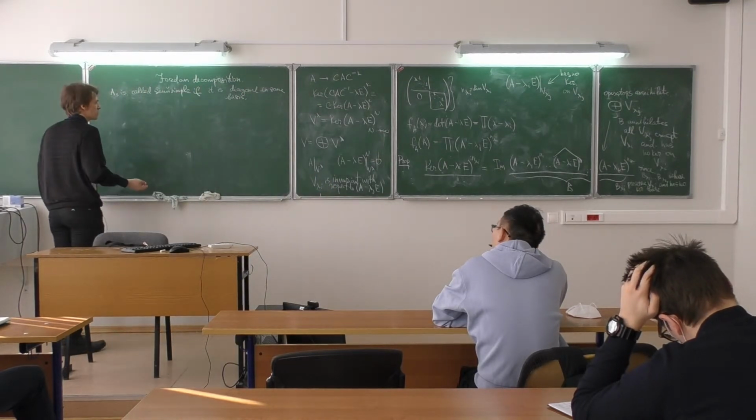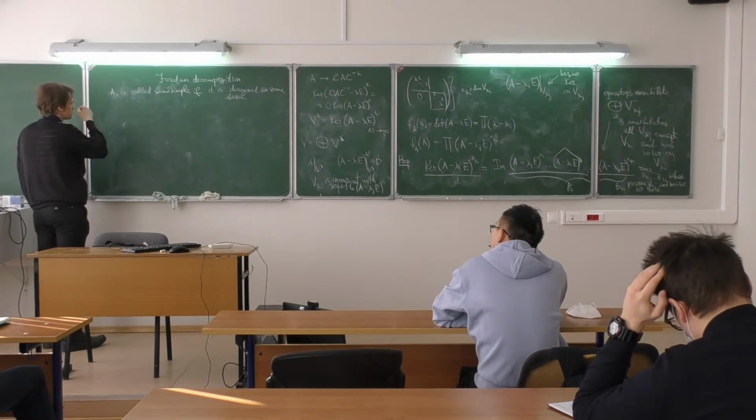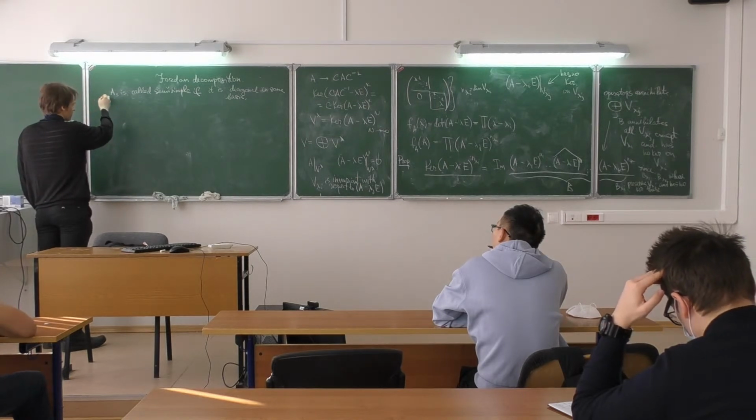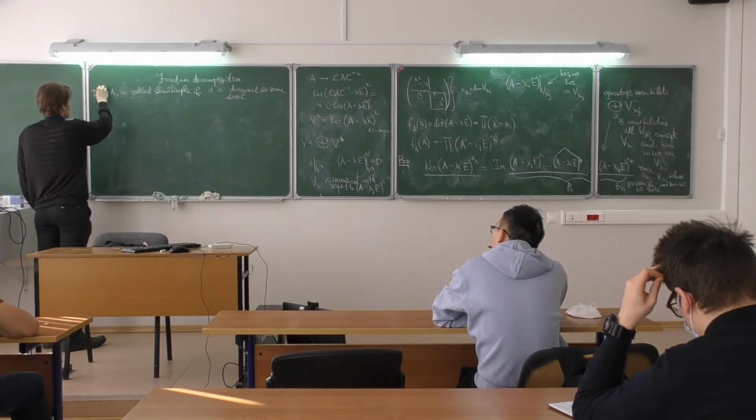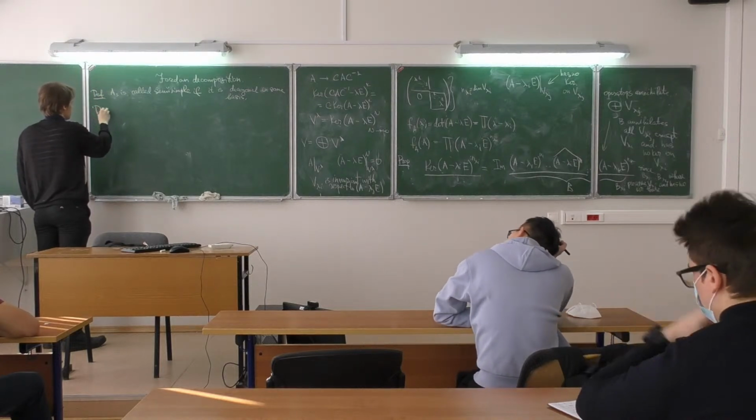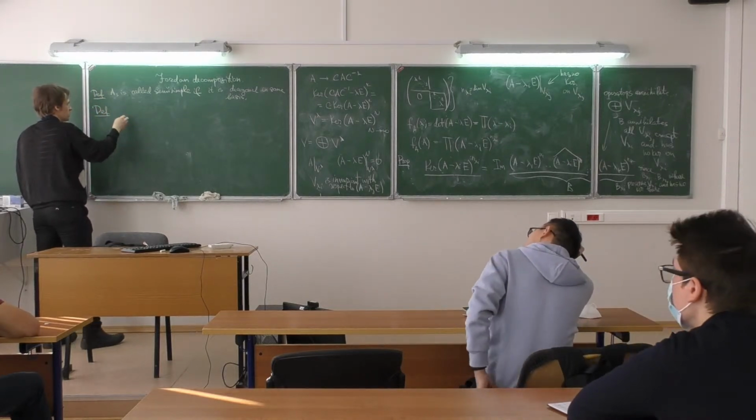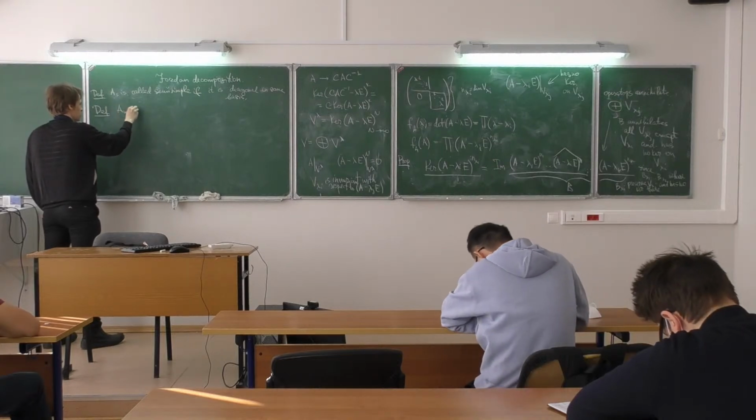So there is a basis formed by eigenvectors. We shall also need nilpotent elements. An element A N is called nilpotent.